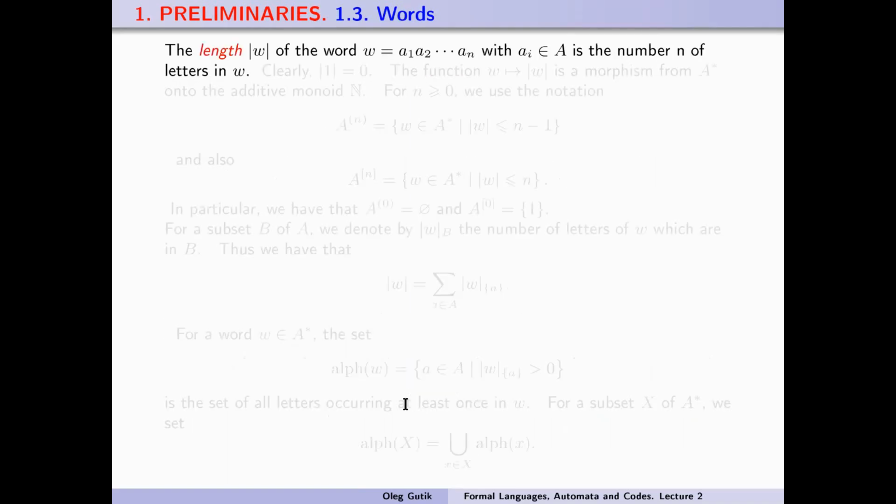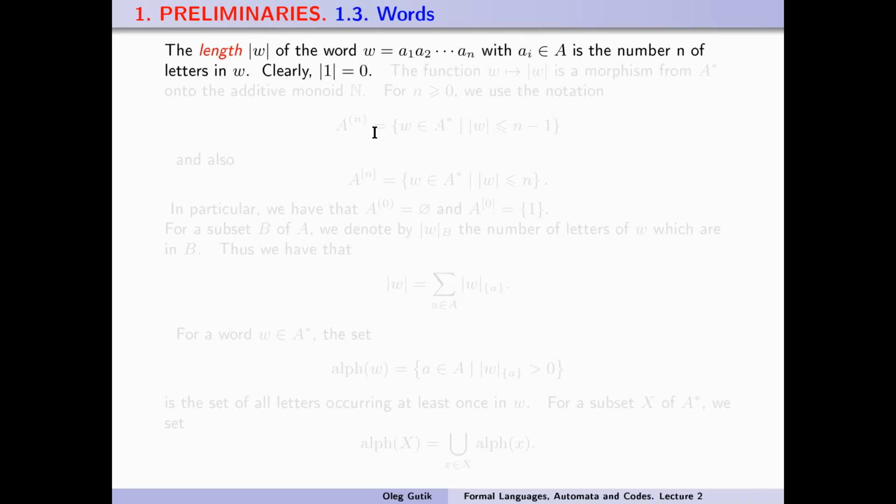What is the length of a word? If we have a word of the form a1, a2, and so on, an, where ai belongs to A, the length of this word is the number n of letters in this word.